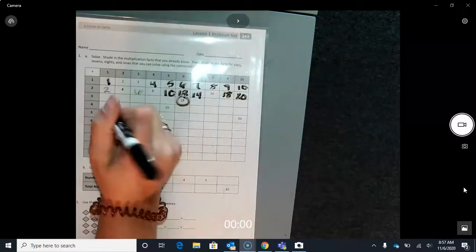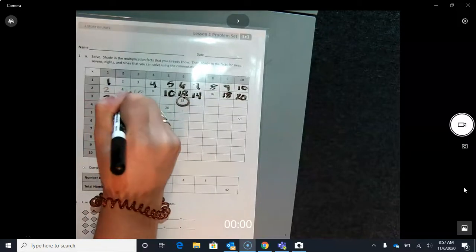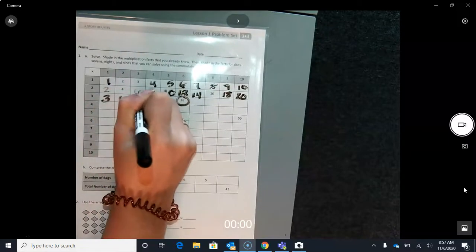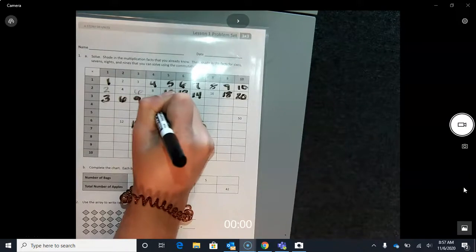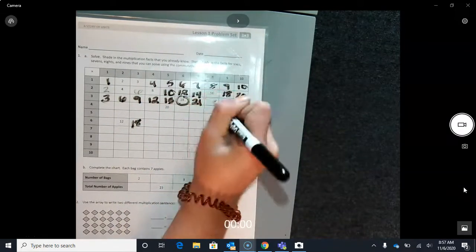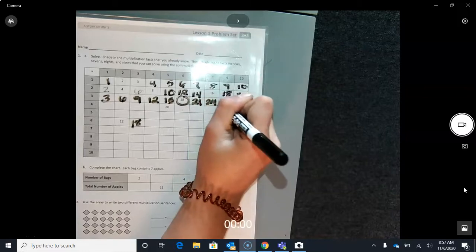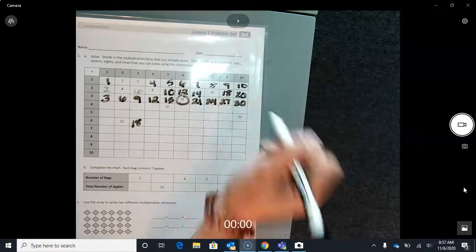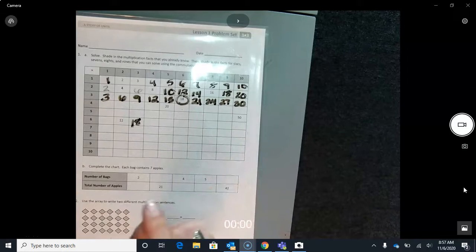Now let's do our 3's. 3, 6, 9, 12, 15, 18, 21, 24, 27, 30. All right, take a minute and fill in your 4's facts.